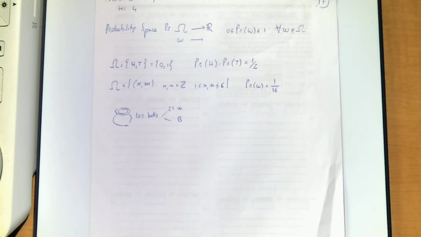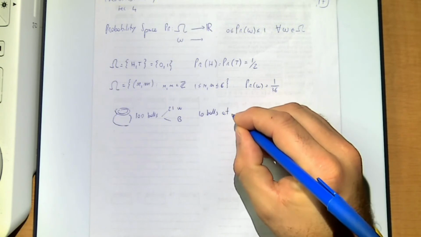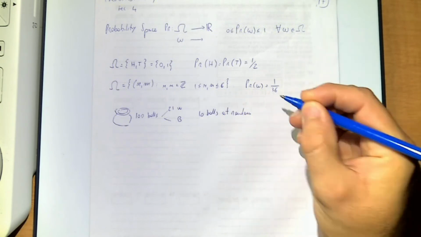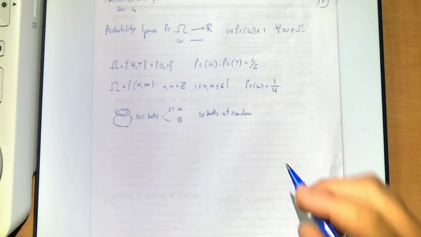So what happens if I pick 10 balls at random? I haven't specified here exactly what it means at random yet, but we'll get to that point. So I draw 10 of them out without replacement.